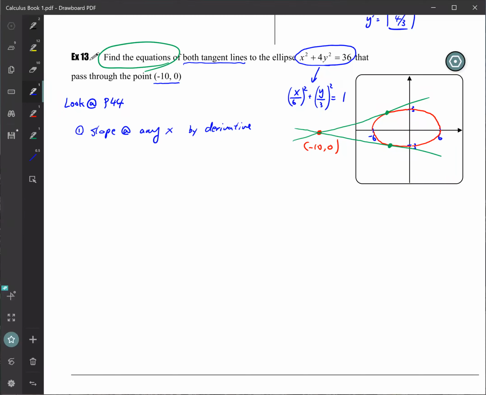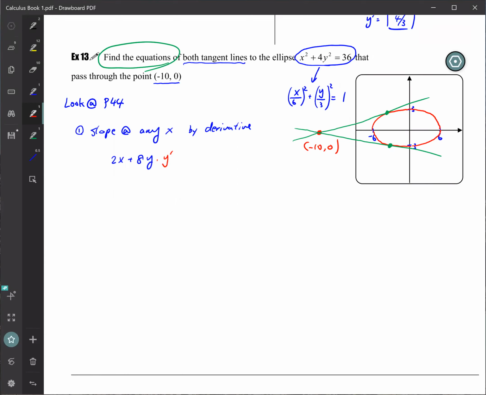So I think it was Jeffy, right? When you did the implicit, you forgot you need chain rule. So you can look at your homework and make a correction to that. So this one, if you take the derivative, I'll give you 2x plus 8y, but then because of chain rule, you need to times it by y prime.